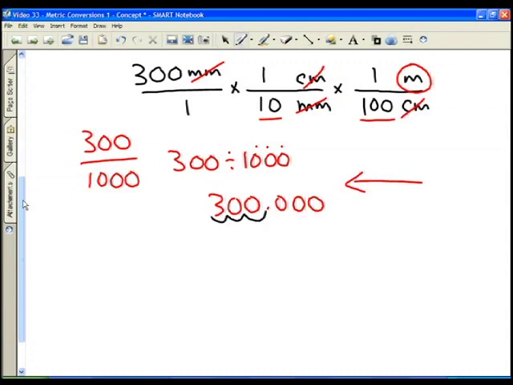So there's 1, 2, 3. There will be my new decimal. So 300 millimeters is equal to 0.3 meters. And usually we put a 0 in front, 0.3 meters.